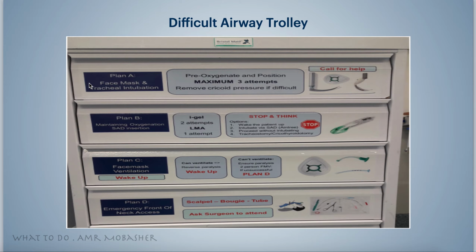The first drawer has equipment for Plan A, and the second one has equipment for Plan B, the iGel. The third drawer has the equipment for Plan C, and the final drawer has the Plan D equipment, front of neck access equipment: scalpel, bougie, and tube. Very well organized to help you take quick decisions during a can't intubate, can't oxygenate scenario.